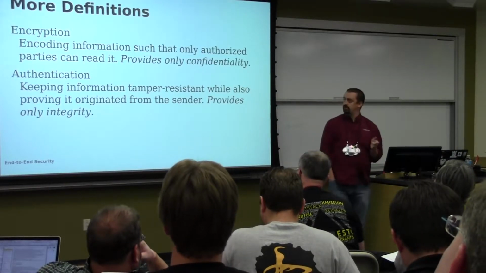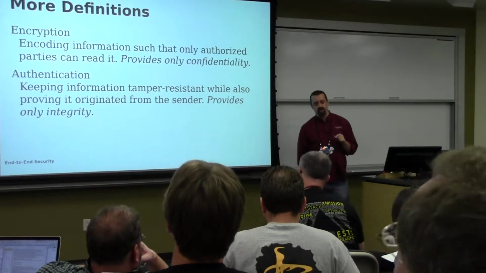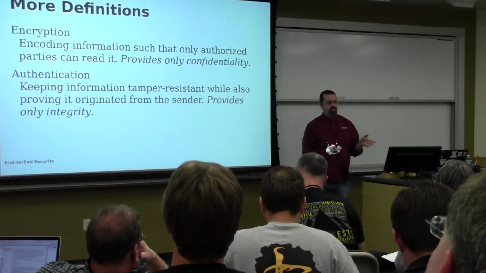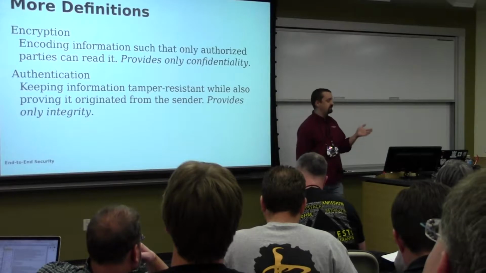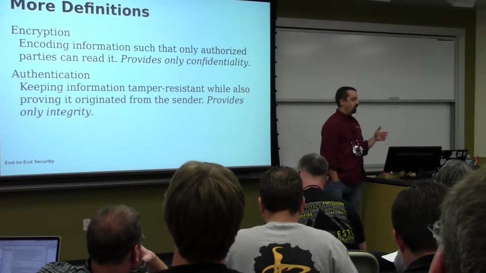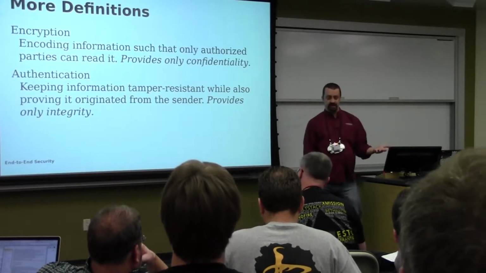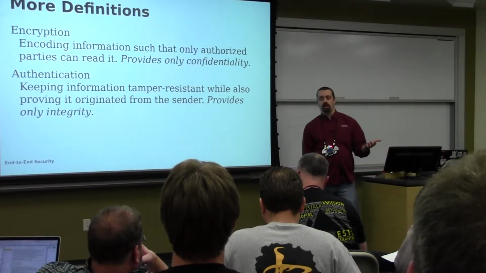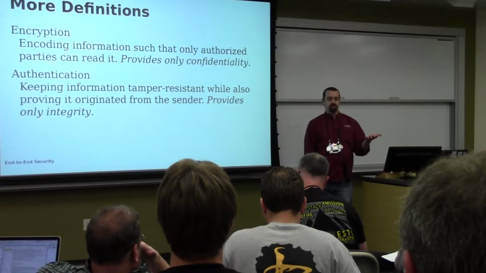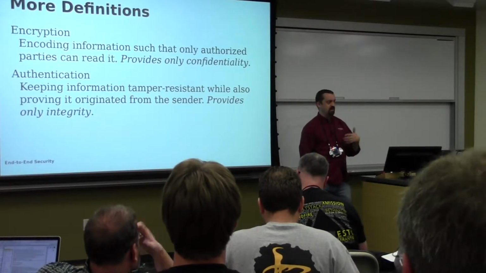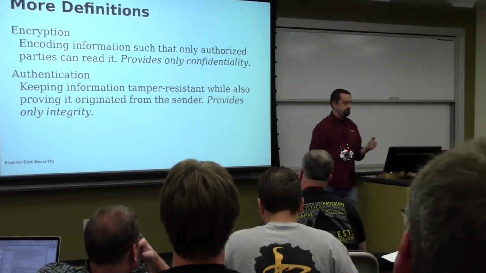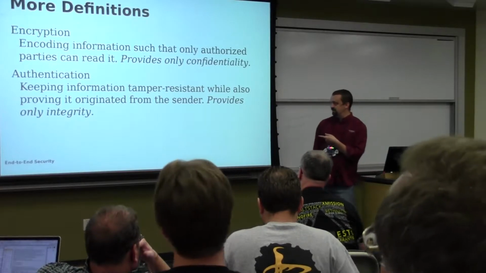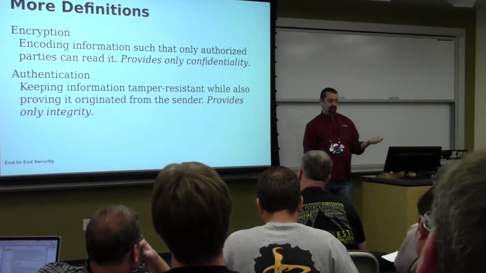But notice that encryption only provides confidentiality. Encrypting data does not prove anything about its sender or about the consistency of the data. All encrypted data means is it's unreadable for anyone other than those who hold the key or the capability for reversing it. And authenticated data only provides data integrity.